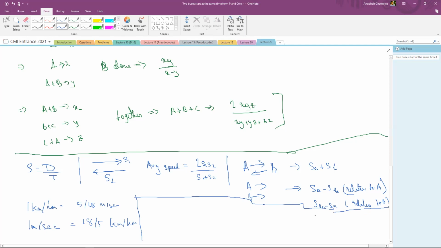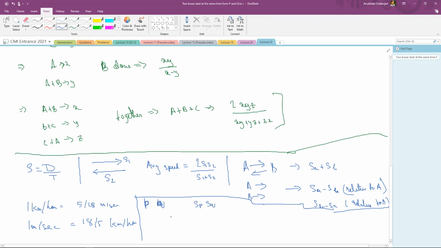One final thing. Suppose you have two trains or two objects or anything that have a certain length. So a train has some length, right? Let's say you have two trains of length P and length Q, and they have the speeds SP and SQ.